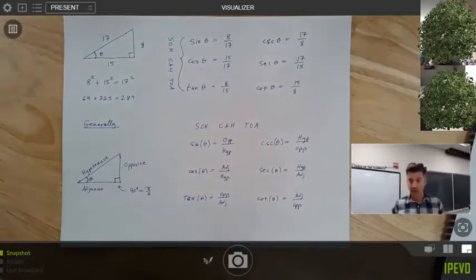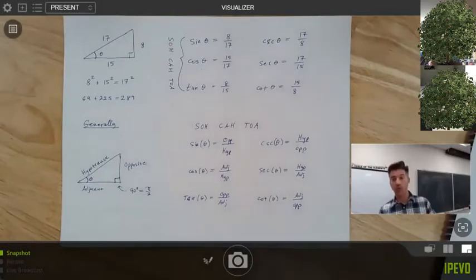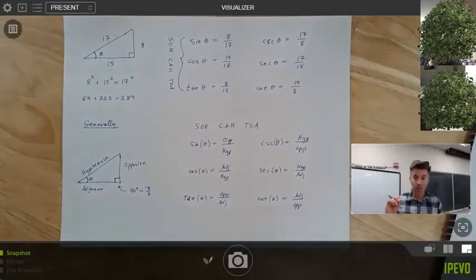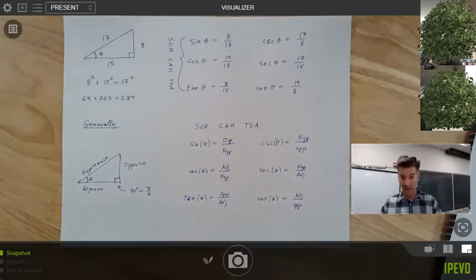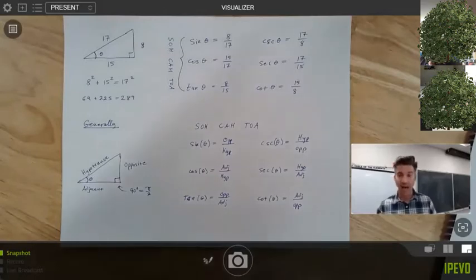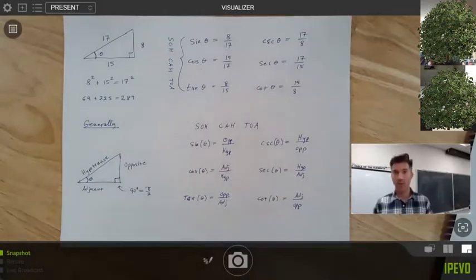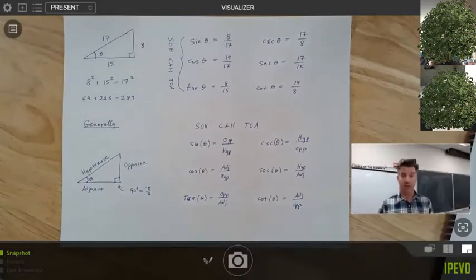If someone asks you to write out the six trig functions, that's a good question. We don't use the trig functions to find the angle. The trig functions are kind of an end unto themselves, right? We're not at this point really using them to find any one thing, except to just evaluate them for what they are.